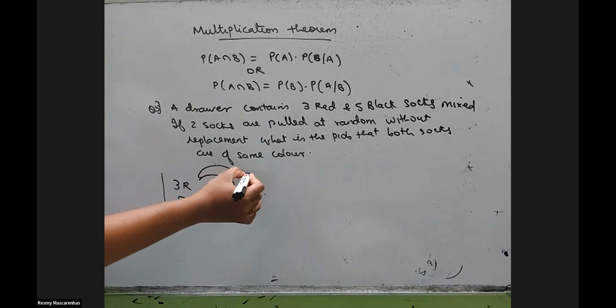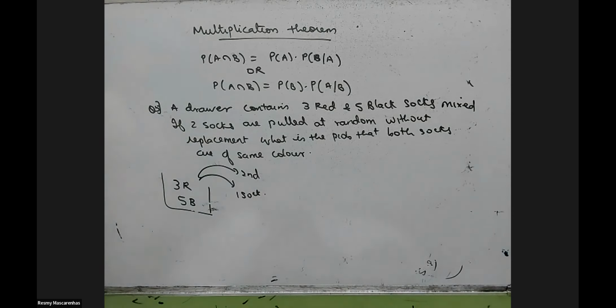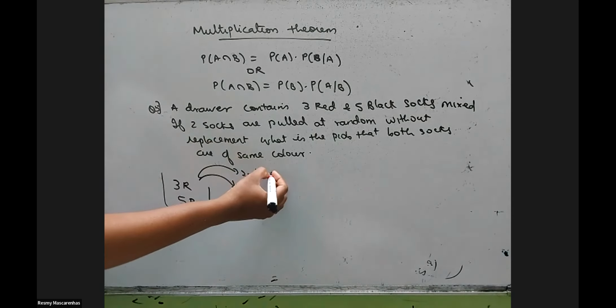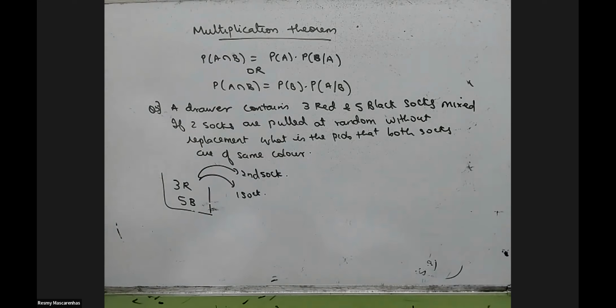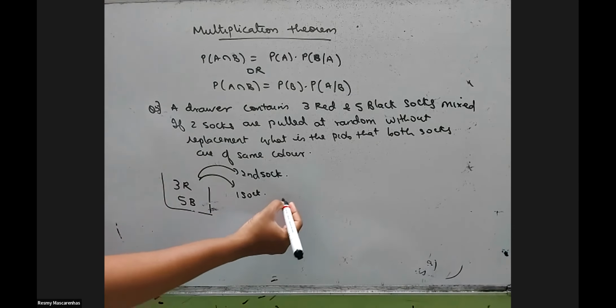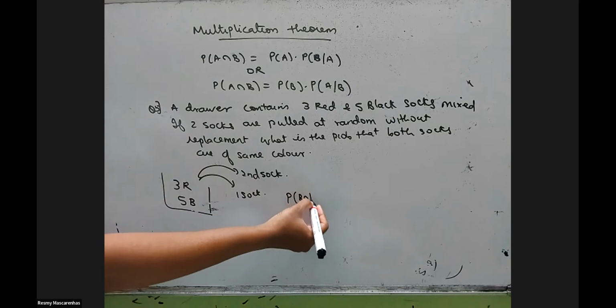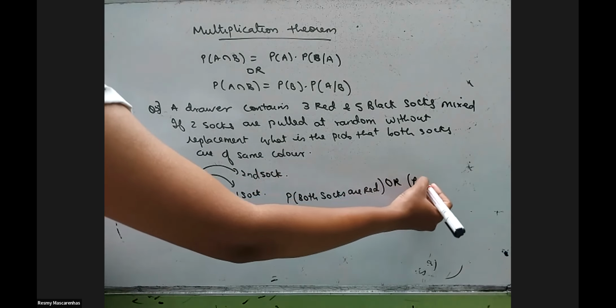Then another sock is also removed. Now both have to be of the same color. Same color means either both socks should be red, or both socks should be black.